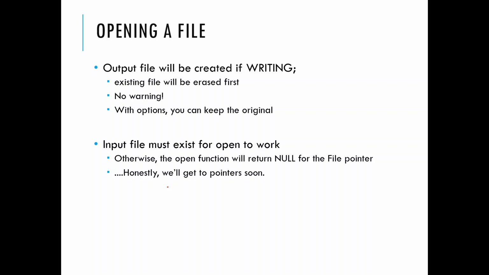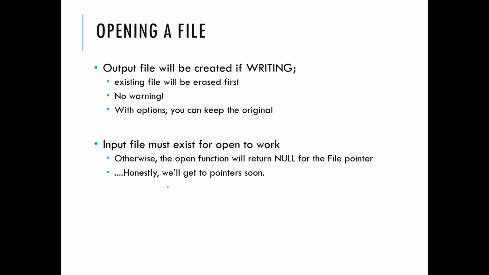So if I already have a file there, let's say it's log information, like a log file, and I run my program again, it will wipe out my original log file without any warnings whatsoever. There are some flags that you can use to keep it around, but that is a valid concern whenever you're writing to a file. If that file already exists there, it gets wiped out. Now, there are ways to merge files, but if I'm writing with a W, that's what happens.